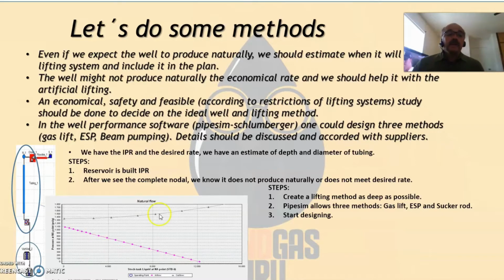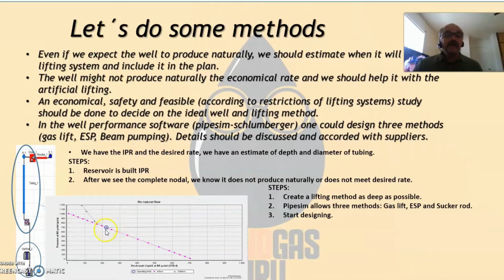So, what do we know? We know the well doesn't flow, or the rate is very low, or the well is about to die. So we need a lifting system. And we have the IPR, we have the transportation curve, and we know that we need a lifting system.